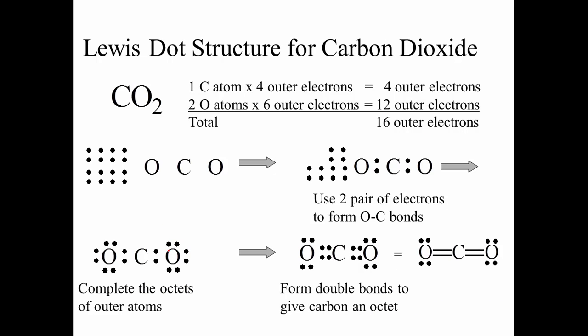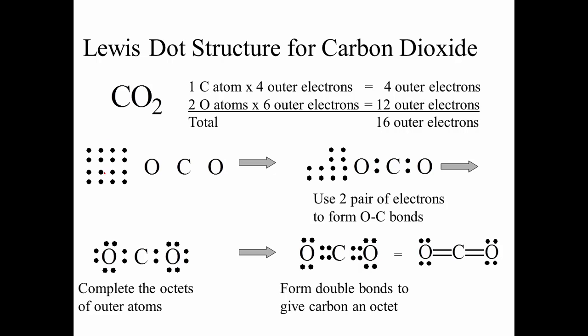Okay, let's do a little more complicated molecule, carbon dioxide. We have 1 carbon atom, which has 4 valence electrons, so that's 4 toward our molecule. There's 2 oxygen atoms in the molecule, 6 valence electrons each, so that's 12. 4 plus 12 is 16 total valence electrons.